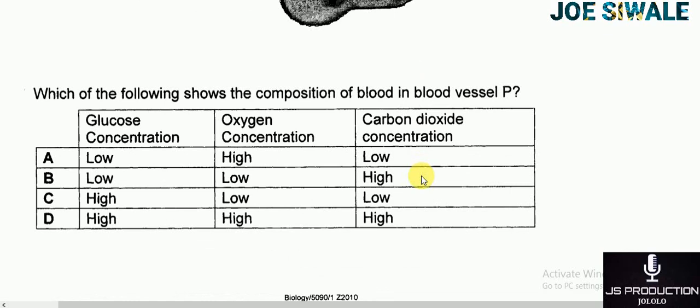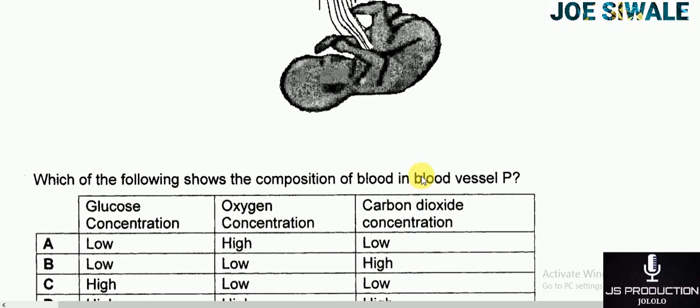A, glucose concentration low, oxygen concentration high, carbon dioxide concentration low. B, glucose concentration low, oxygen concentration low, carbon dioxide high. C, glucose concentration high, oxygen concentration low, carbon dioxide concentration low. D, glucose concentration high, oxygen concentration high, carbon dioxide concentration high.